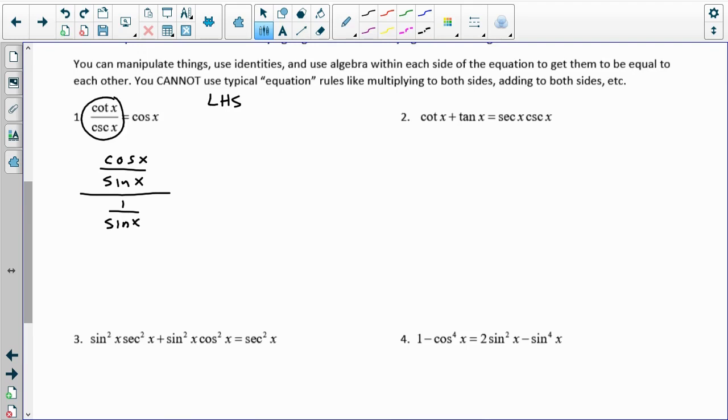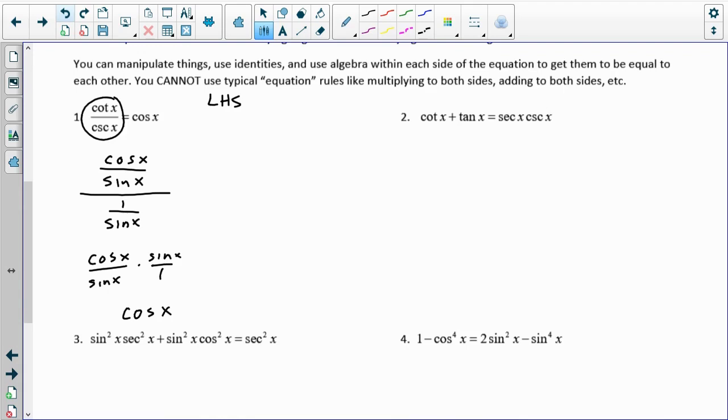Now I have a common denominator, so sine x in the denominator of both is going to cancel out. Or if that confuses me, I can rewrite dividing by a fraction as multiplying by the reciprocal. So cosine x over sine x times sine x over 1. The sines cancel, and I end up with cosine x.